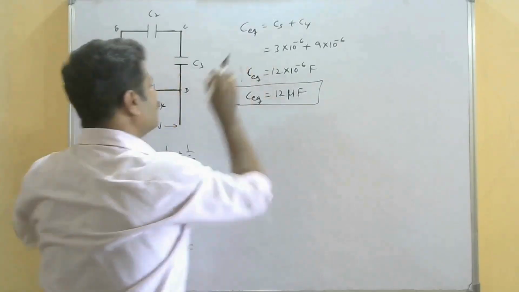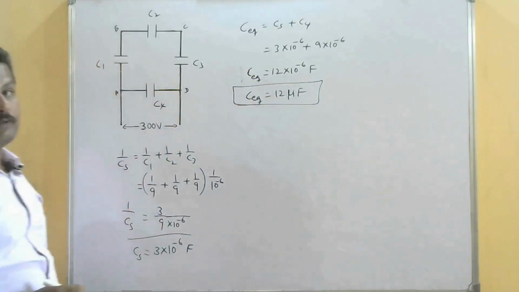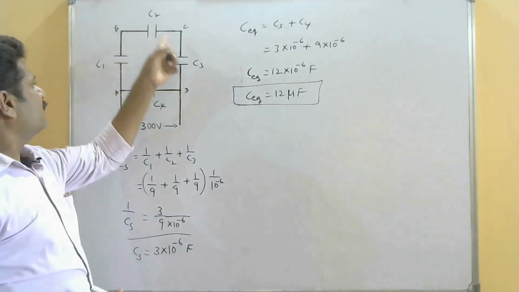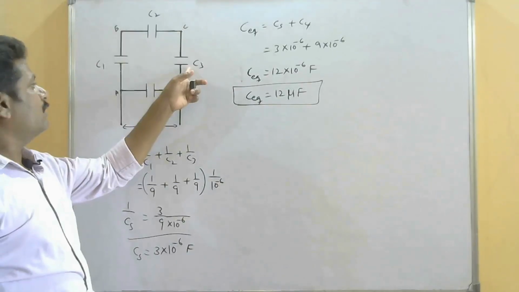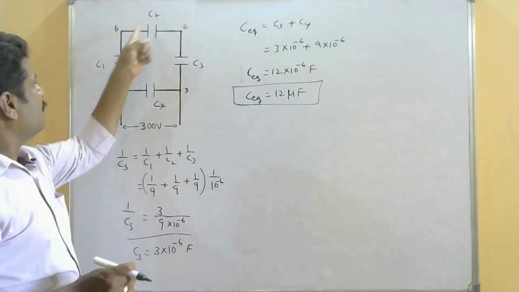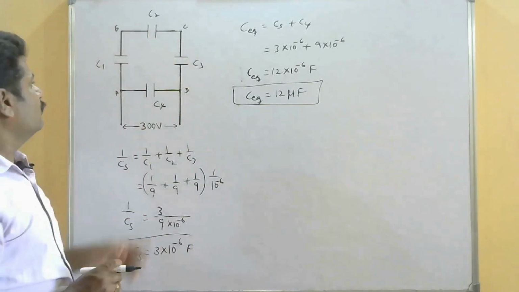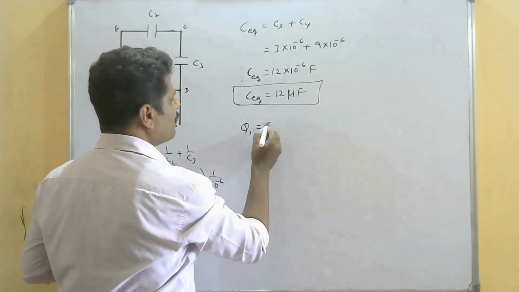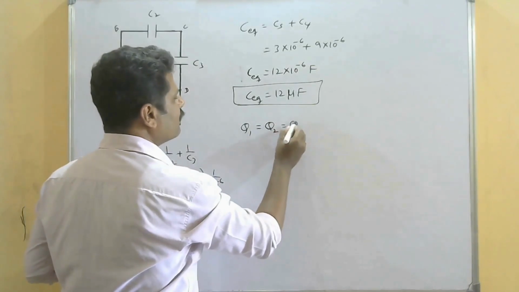Now let me find out the charge on each capacitor. Here you can see these three, C1, C2, C3, are connected in series, so the charge remains the same across these three capacitors. So the charge on C1 is equal to the charge on C2 and the charge on C3.